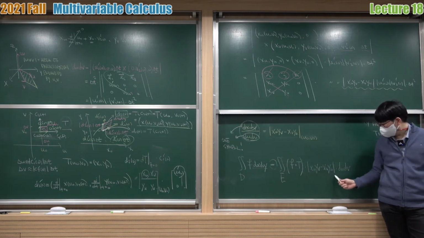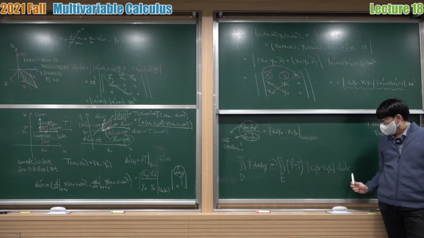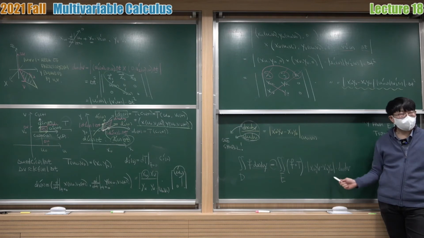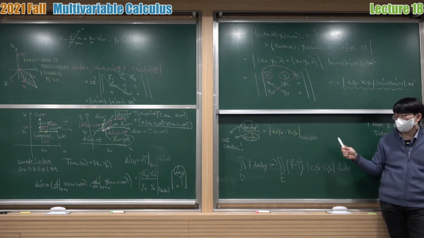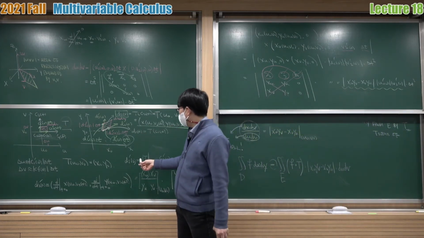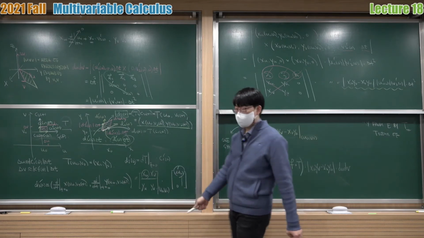So first of all, look at this right-hand side integration, which is all in terms of uv. So x_u, y_v, x_v, y_u are functions of uv. Okay? So x, y are just the names of the uv functions, which are the first and second coordinate functions of T, the transformation function.